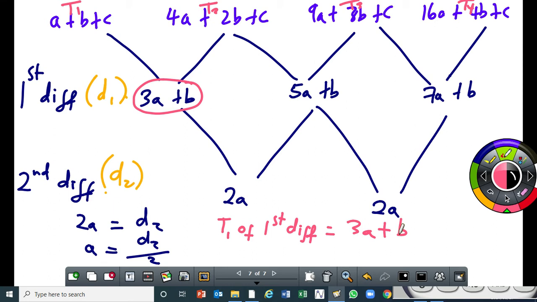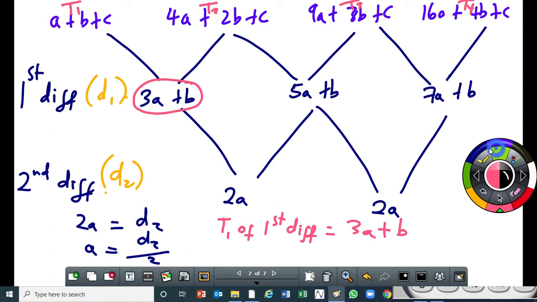Then to get C now, we use the original term. I'm sure you can see that T1 is equivalent to A plus B plus C. So to get C, don't confuse this T1 with the one I'm writing now. So I'm going to write it in a different color.